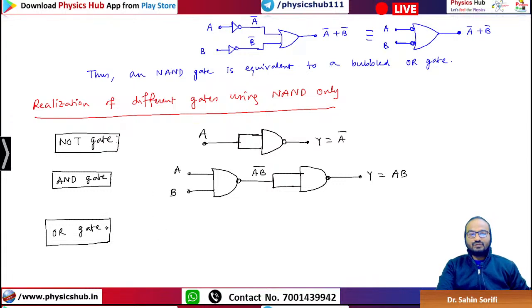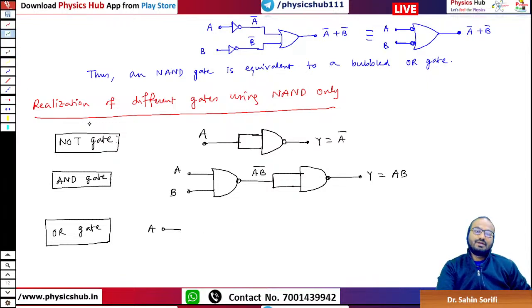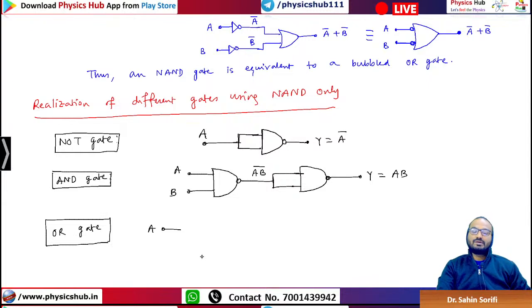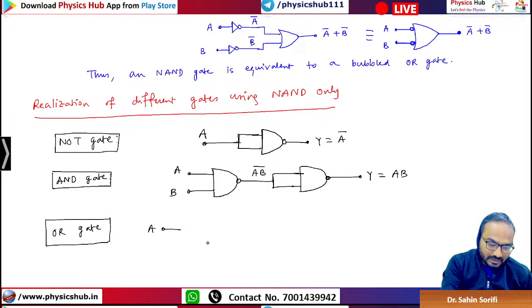Look, in OR gate we have 2 inputs, A and B. Instead of putting 2 NAND gates, it could be replaced by 1 NAND and 1 NOT.